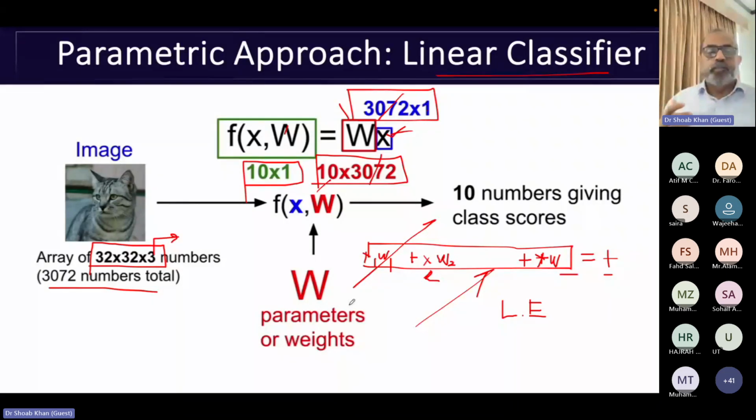It may still not be accurate because it's a linear classifier. A linear classifier means, if it is two-dimensional, it is a line. If it is three-dimensional, it is a plane, or it's a hypersurface. So it is just something straight. So this is the parametric approach. So as I mentioned, if it is two-dimensional, a linear model can only have a line.